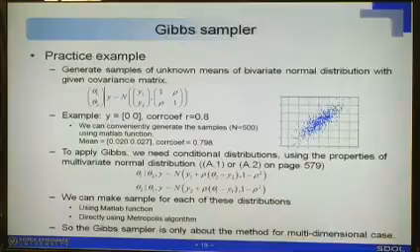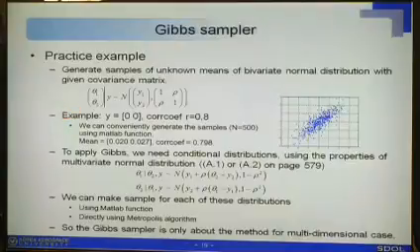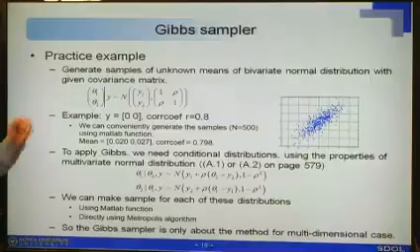This is the example. In order to illustrate the Gibbs sampler, the Gelman's textbook used this example. And you have to understand what is multivariate distribution, or in case of two parameters, bivariate normal distribution.